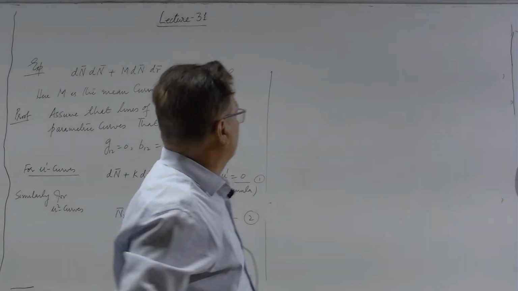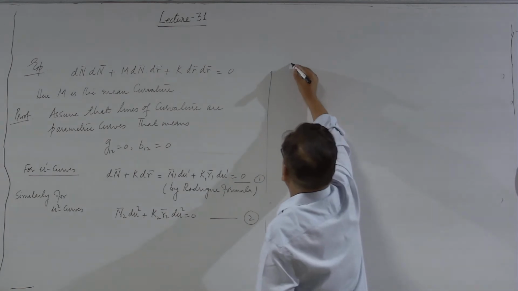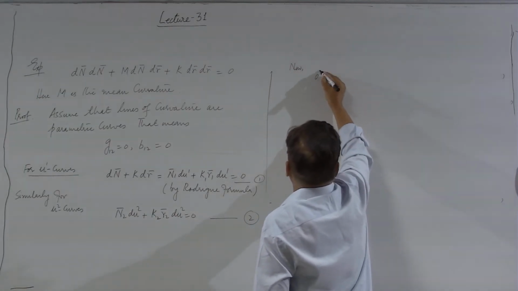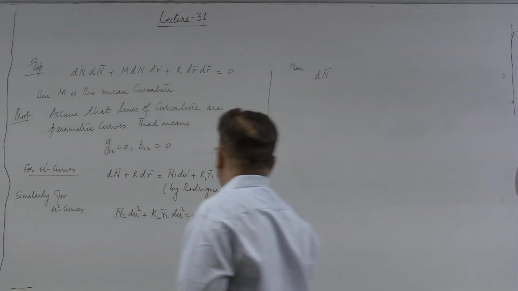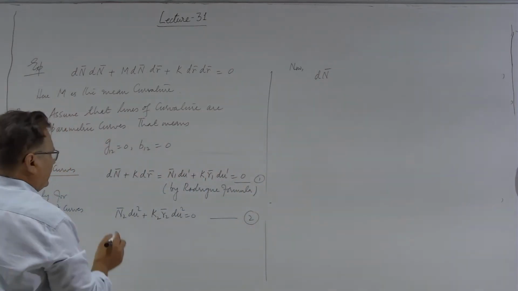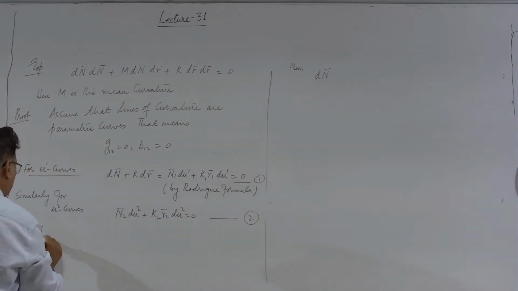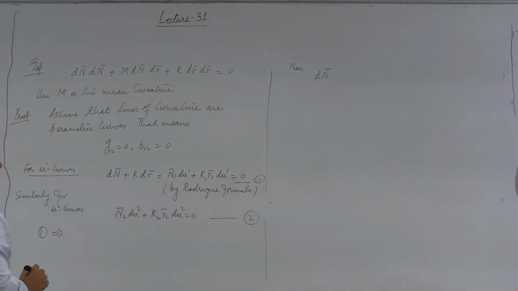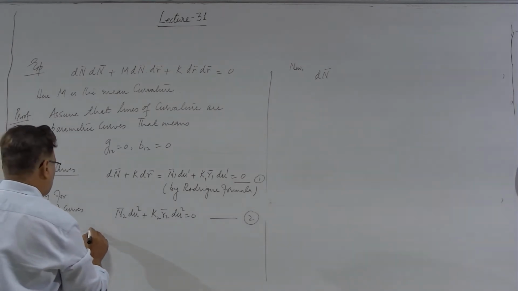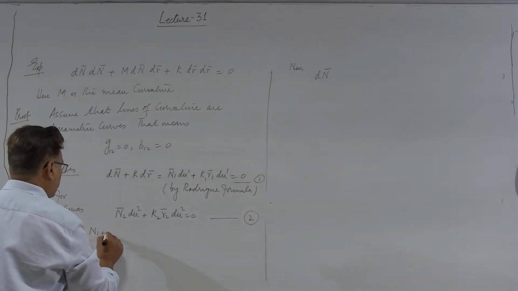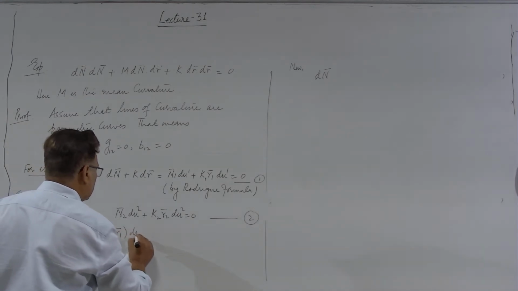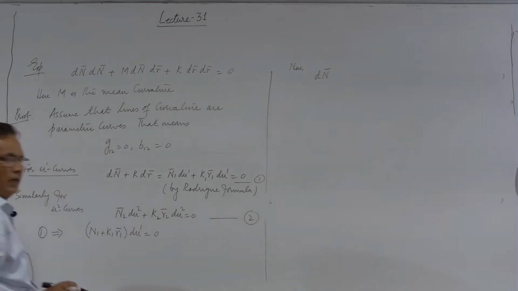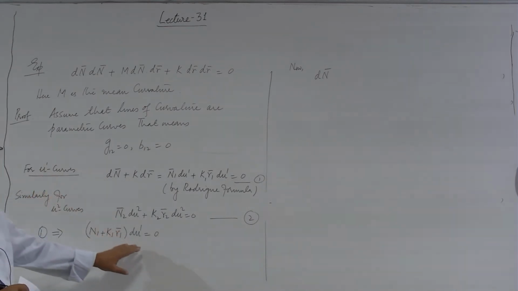If I look at what 1 gives me, let me further simplify 1. n 1 plus k 1 r 1 into du 1 is 0, and since you are moving along u 1 curves, du 1 is not 0.